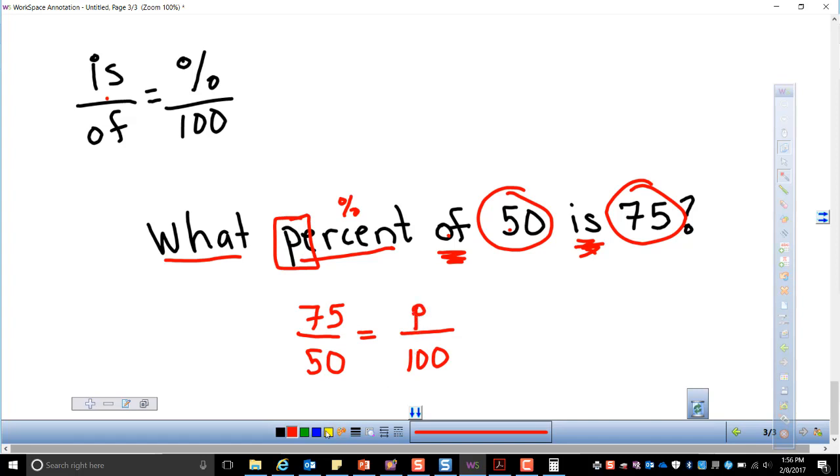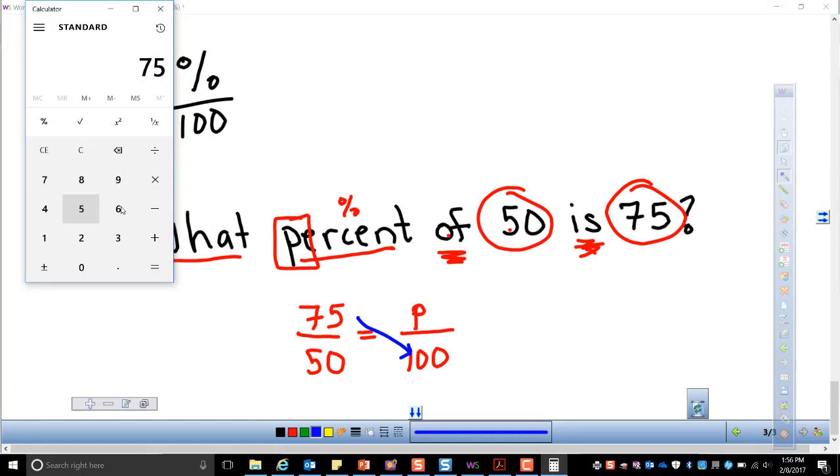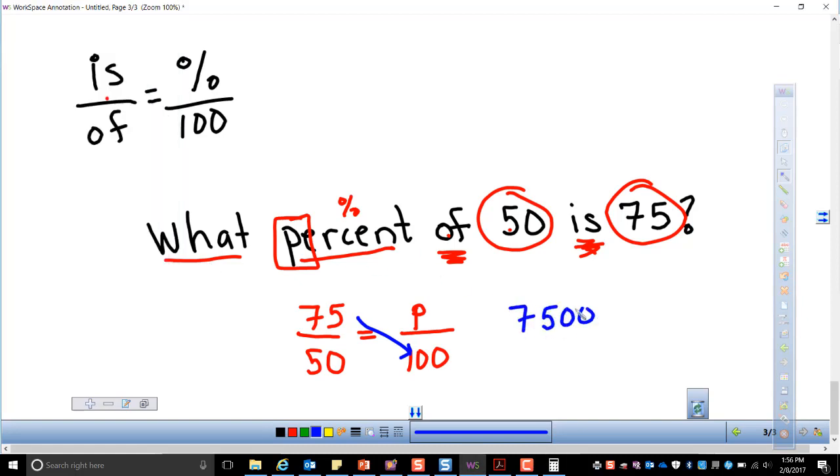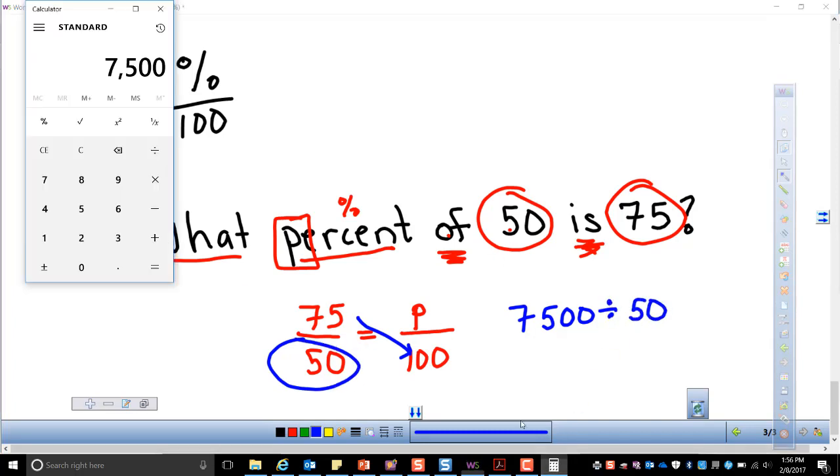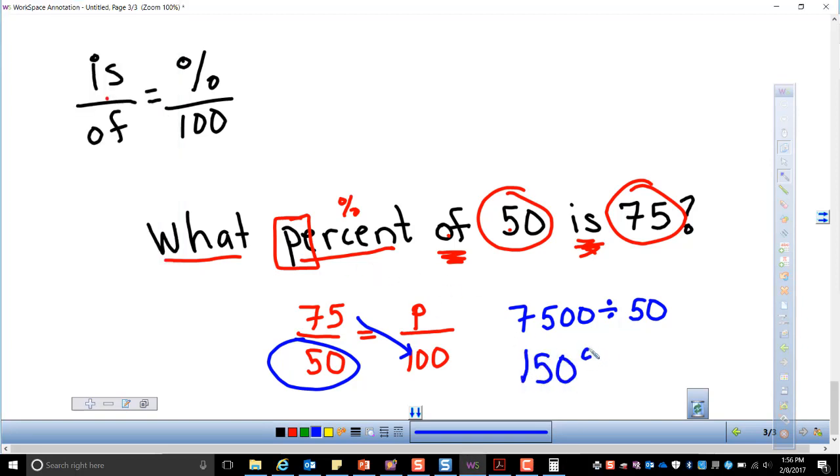So the letter P. And to solve, multiply. So 75 times 100 is 7,500. And then you divide by 50. And you'll be using that calculator. So 7,500 divided by 50 is 150. And this one I need a percent symbol because the question said what percent. So be careful on which ones you need a symbol.